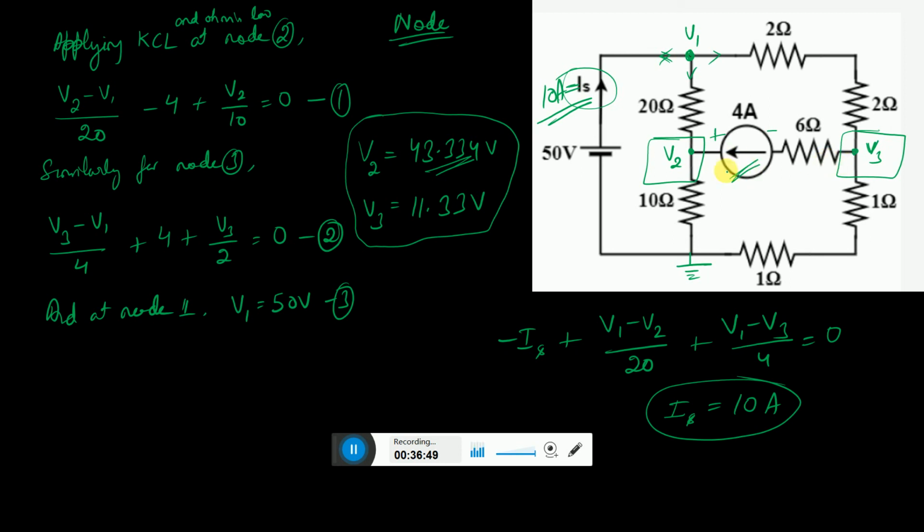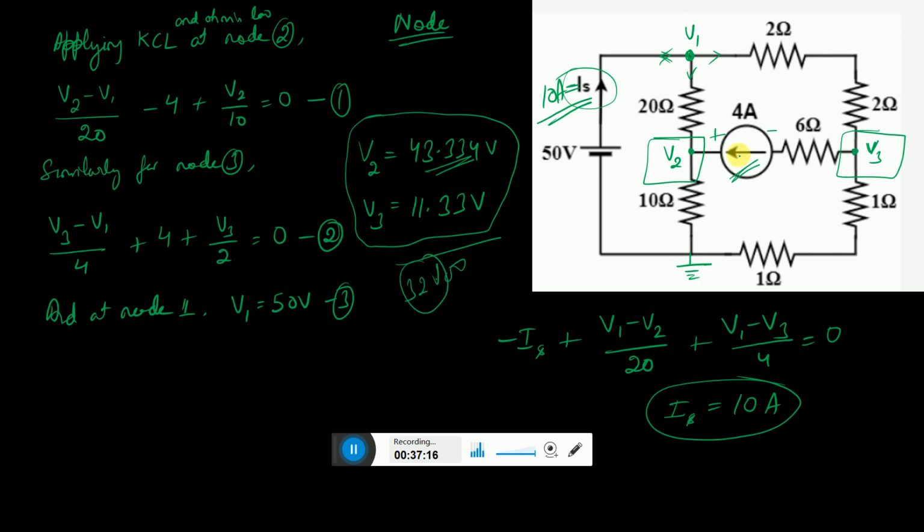So that is one confusion you may have, because there is no current through this resistor only if the potential difference between V2 and V3 is equal to the potential across this current source. If this is 43.33 and this is 11.33, you subtract them and get around 32 volts.